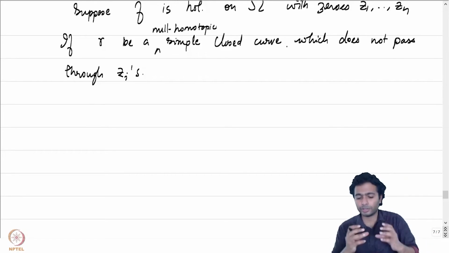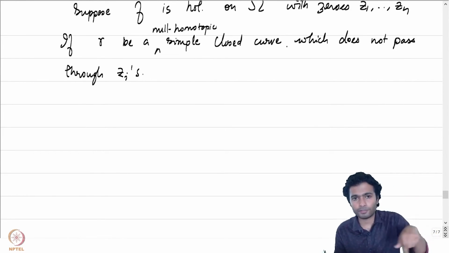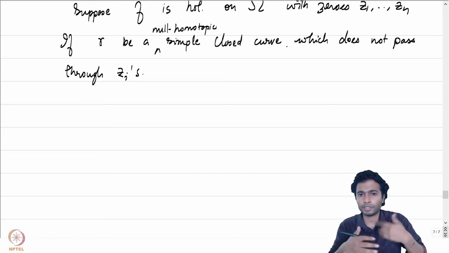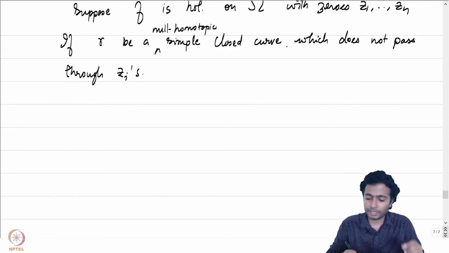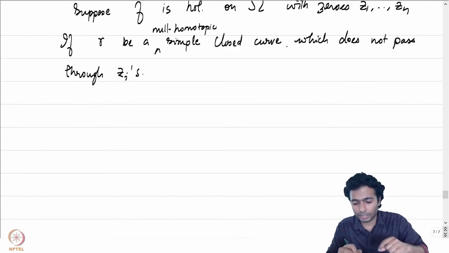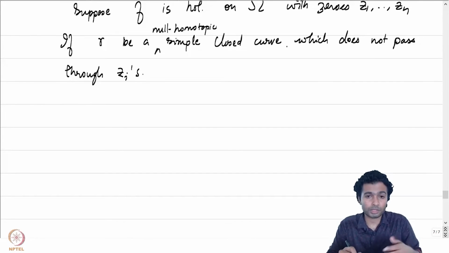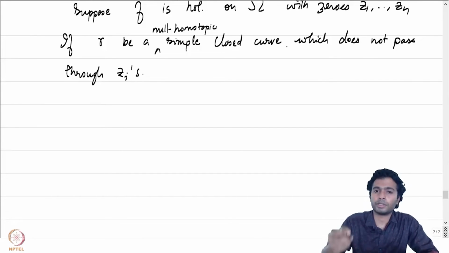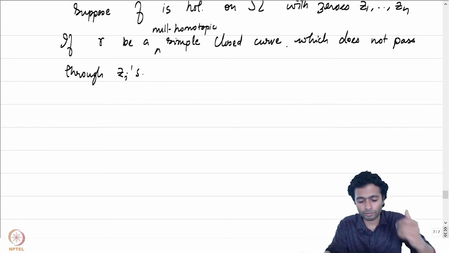Then the number of zeros in the interior of gamma, where the image of the homotopy is defined, in that particular region, the number of zeros counting multiplicities is equal to 1 by 2 pi i times the integral of f prime by f over gamma.